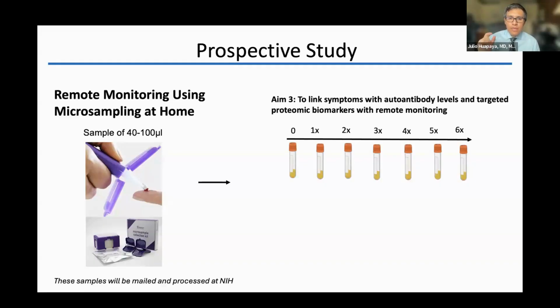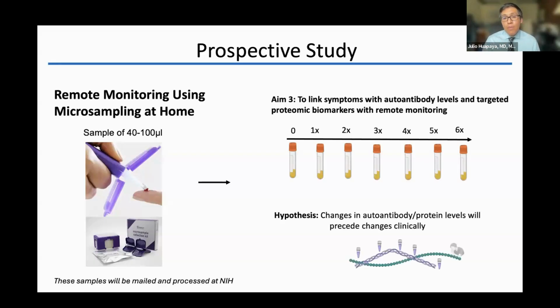Can we tell patients, get this kit to your house, record your symptoms, and then we will measure antibody levels and targeted proteomics, and we'll have a closer monitoring system. What we hypothesize is that probably we'll see changes in either antibodies or proteins before patients develop symptoms. And that would be a huge thing to have.